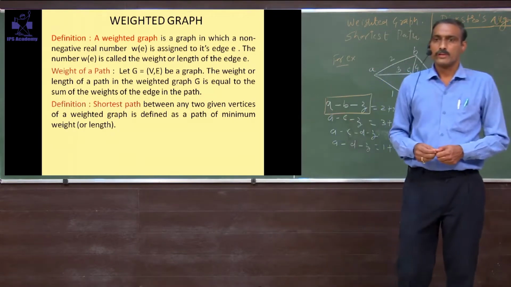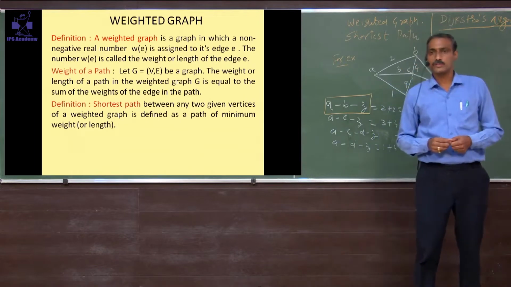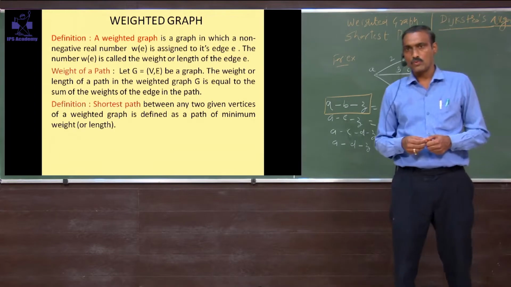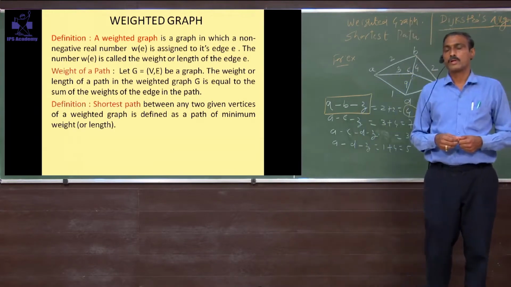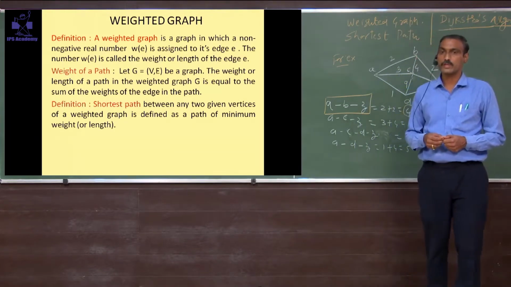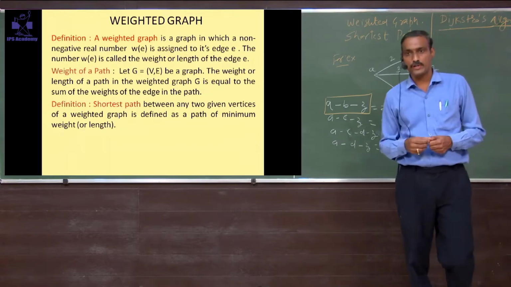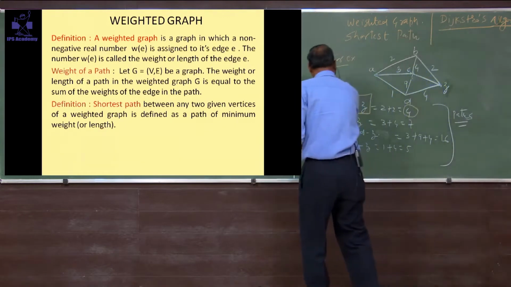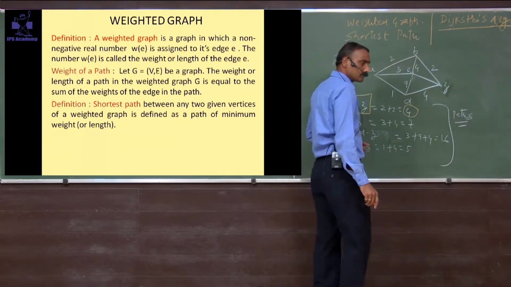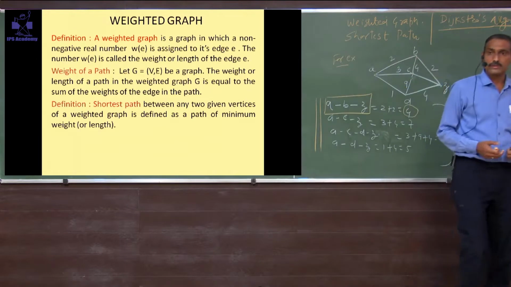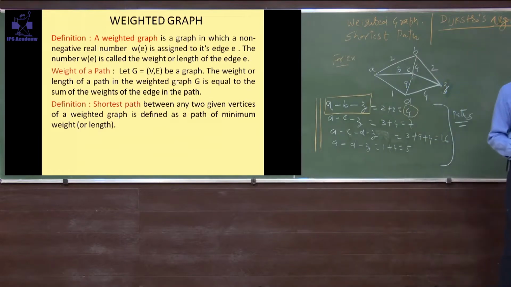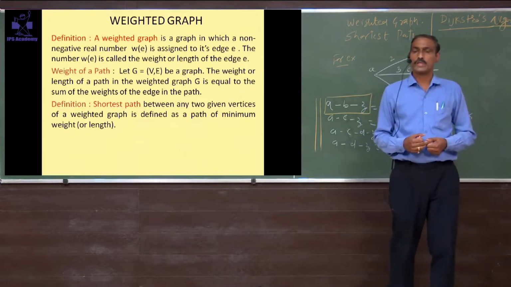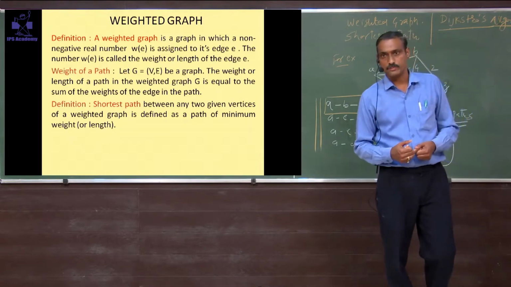Here the vertex set is very small, but if we have a large number of vertices and a large number of edges, then it is very difficult to find it by this method. This is known as the observation method for finding the shortest path. So when the graph is very large, how do we find the shortest path between two vertices? Then we use Dijkstra algorithm.